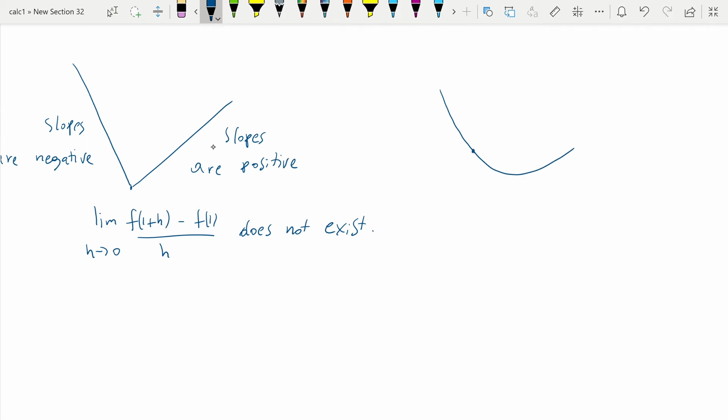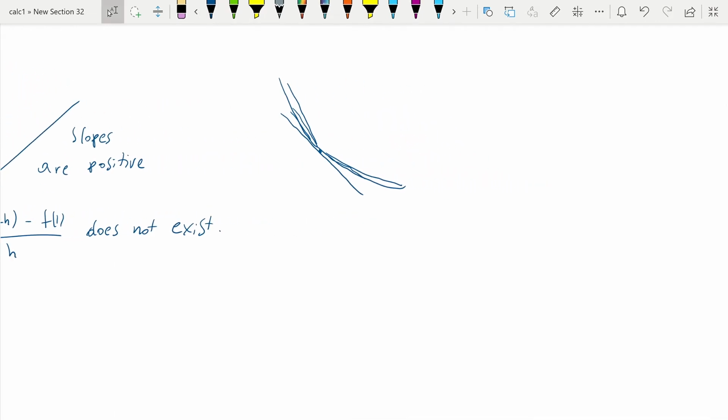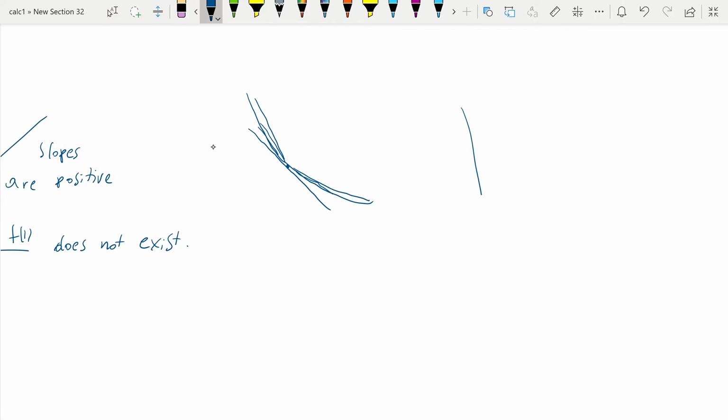If we look at the slopes on this side, they are approaching the slope of this line, and on the other side, slopes are approaching the slope of the same line. In this case, the function would be differentiable at the point. If you see any sharp turn like this, then the function is not differentiable. So this is differentiable, and this is not differentiable.